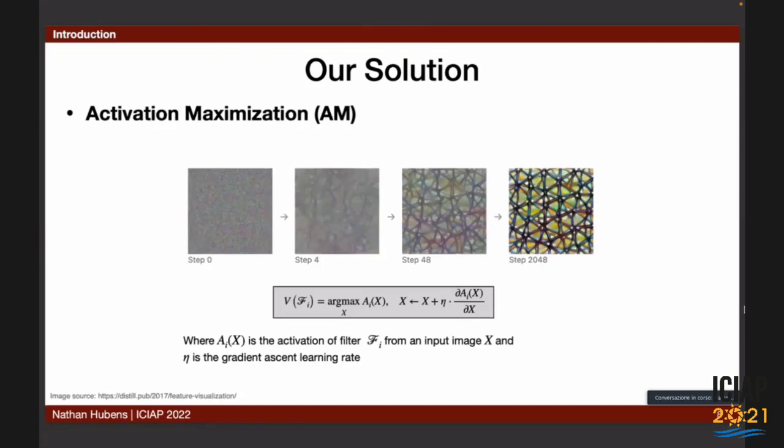This clustering step is using an activation maximization technique, which is a technique generating an image which maximizes the activation of a given filter. So this image represents the feature that a given filter is the most sensitive to.